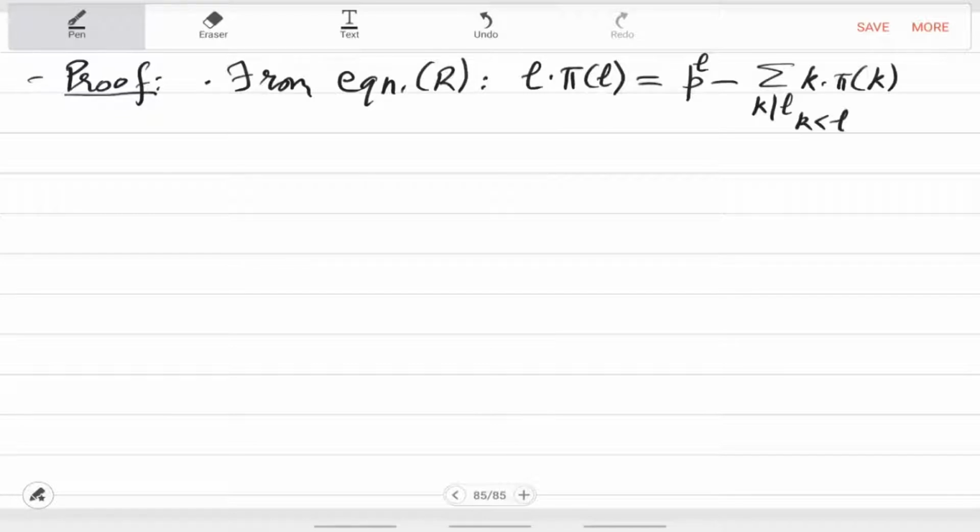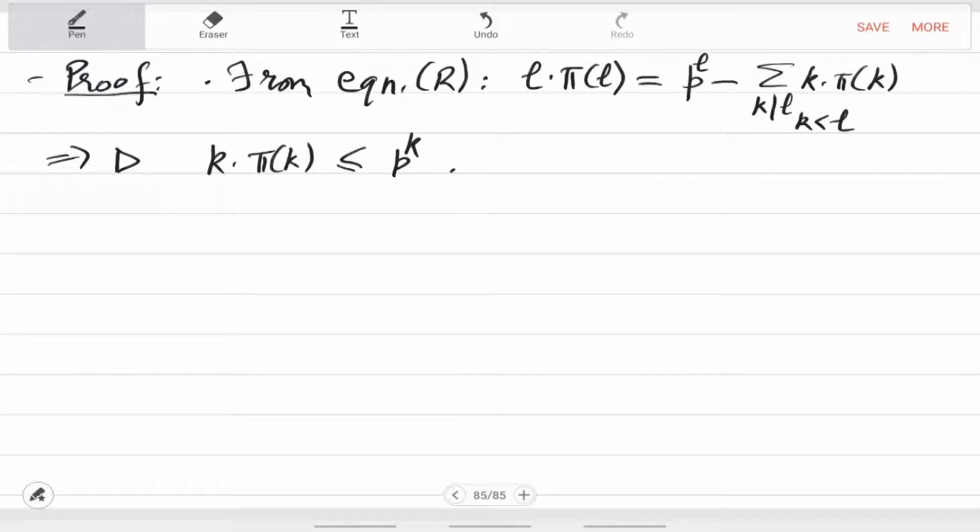So this is in particular implying that, so first thing you observe is that K pi K is less than P raised to K, just from the above expression, because L pi L is smaller than P raised to L, and this is true for all L. So we can observe that K times pi K is always smaller than P raised to K. And then you use this inequality in the sum, to upper bound the sum, right?